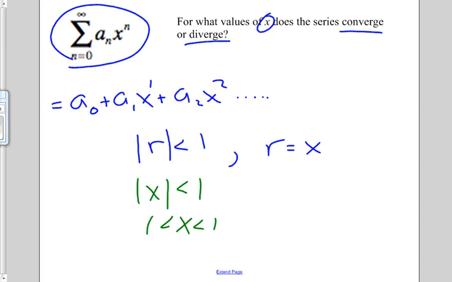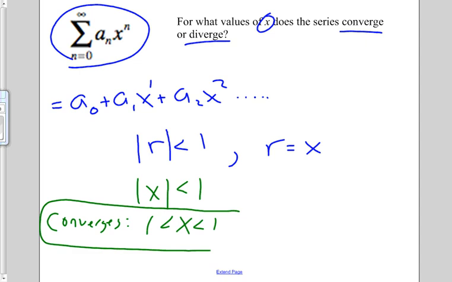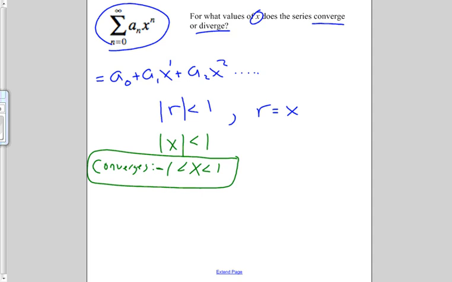So these are the values. As long as x is between -1 and 1, my series up there will converge to a set number, and that's the definition of converge, to go to a set number. And what will it converge to? Well, just as a reminder, in general, it converges to a naught over 1 minus r, where r is x.